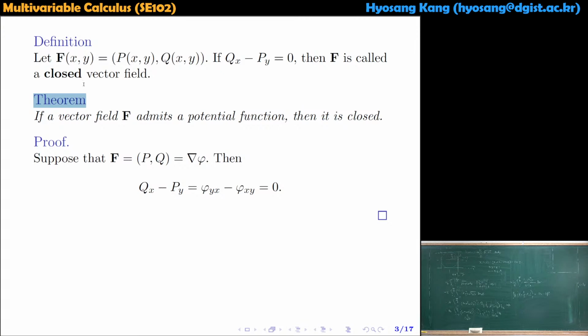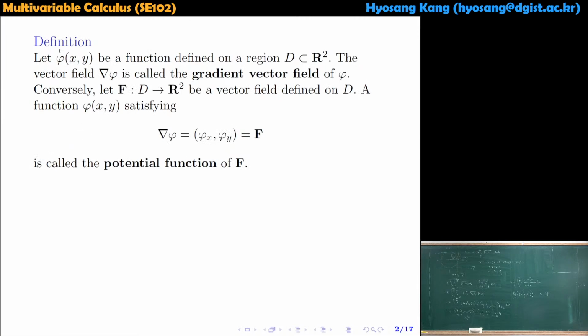So throughout this chapter, from now on, we always assume that our vector field or function has coordinate functions which are continuous, differentiable, and whose second order partial derivatives are all continuous.